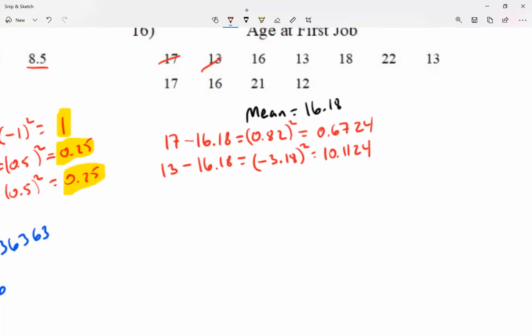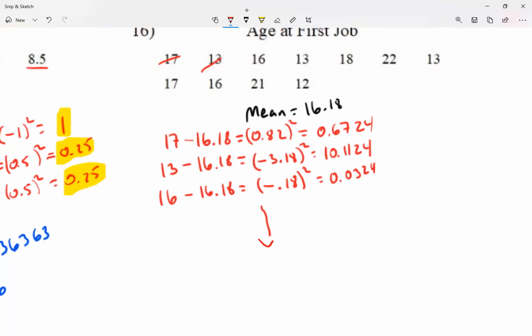The next number, 16 minus the mean. So 16 minus 16.18. This gives me a negative 0.18. Let me square that. And that gives me positive 0.0324. On and on.